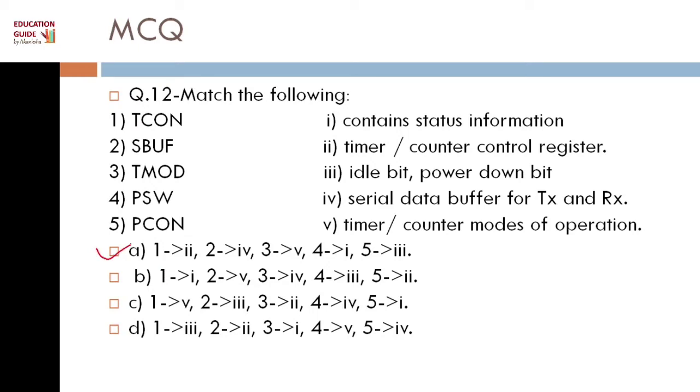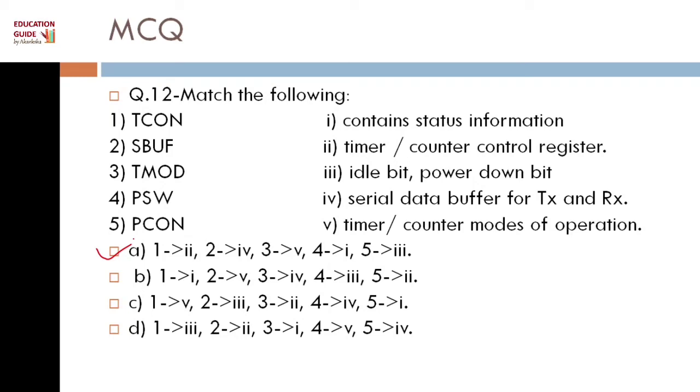TCON is a register used to control the operation of counters and timers in the microcontroller. It is an 8-bit register. SBUF is an 8-bit register solely for serial communication in 8051. For a byte of data to be transferred via the transmission line, it must be placed in the SBUF register.